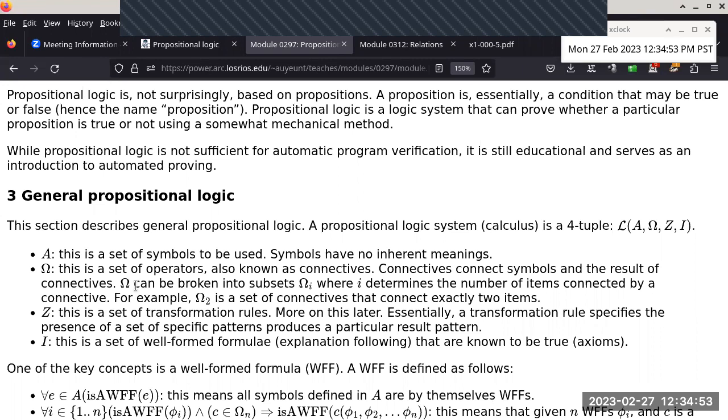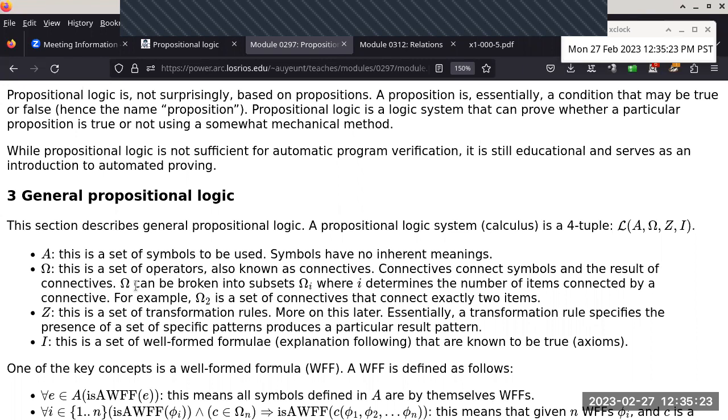All right. So then we have zeta, or Z. This is the set of transformations, which is difficult to explain until we know what kind of stuff is in alpha and also in omega, and also what a well-formed formula is. Essentially, a transformation rule specifies the presence of a set of specific patterns producing a particular result pattern. That doesn't help, does it?